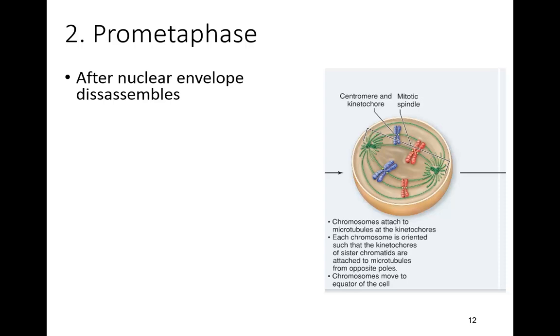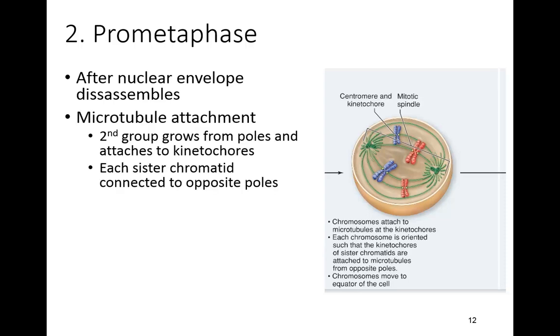The prometaphase starts when the nuclear envelope is dissipated. Then microtubules will attach to the different chromosomes, and each sister chromatid will be attached by the centriole on the opposite side. Okay?